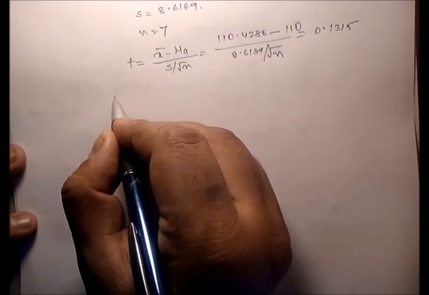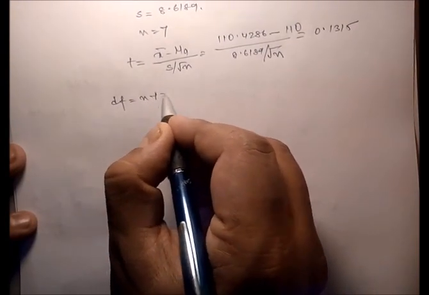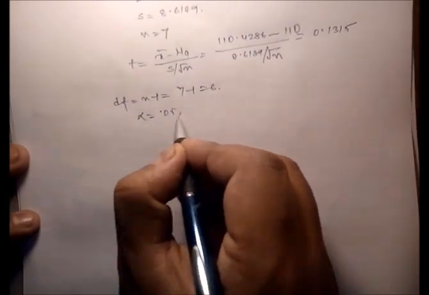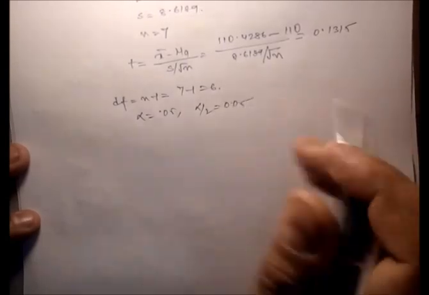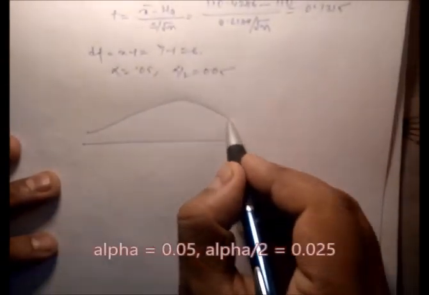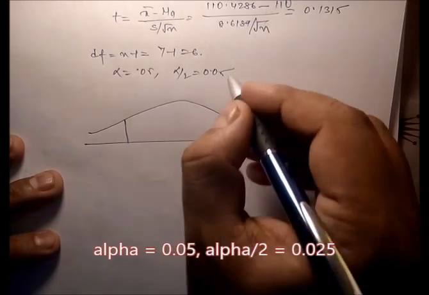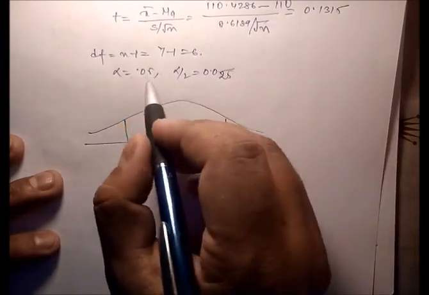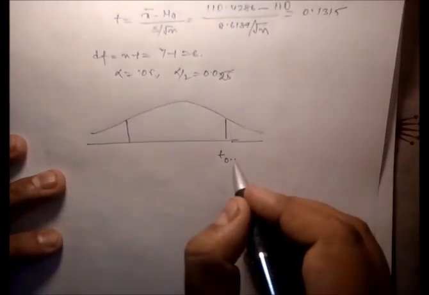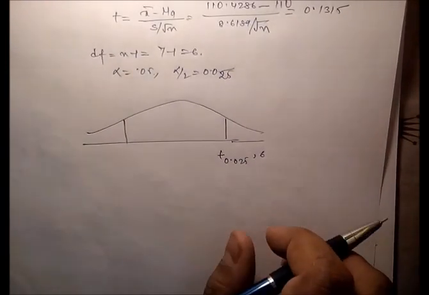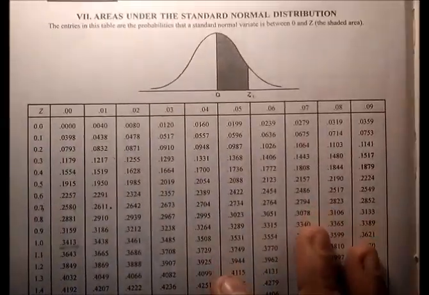Okay. Now next we have to see the table value. The degree of freedom is n minus 1, so 7 minus 1, that is 6. Alpha is equal to 0.05, so alpha by 2 is 0.025. Since it is a two-tailed test, we need t alpha by 2, that is 0.025 comma degree of freedom 6. Now you can see this particular t table.